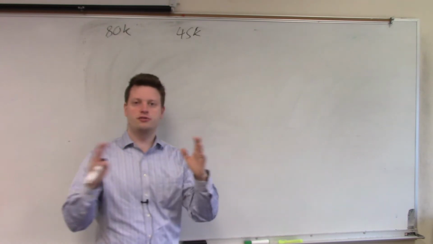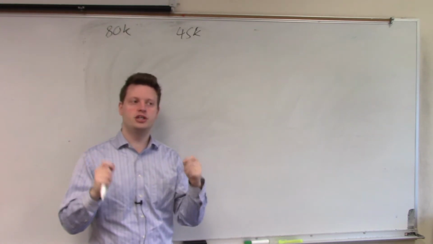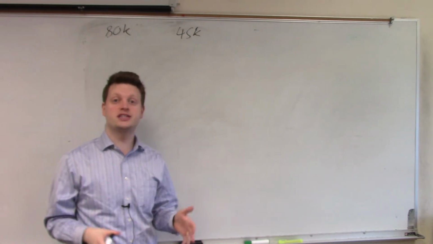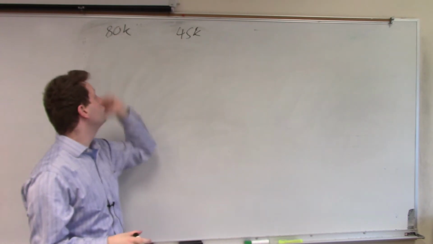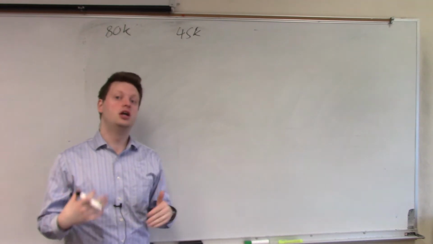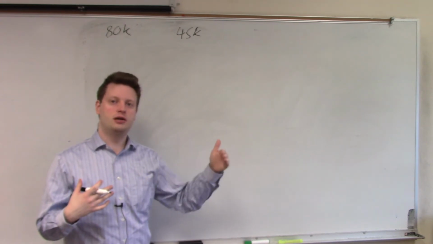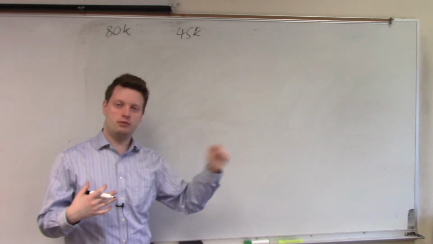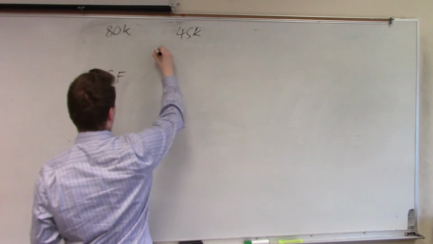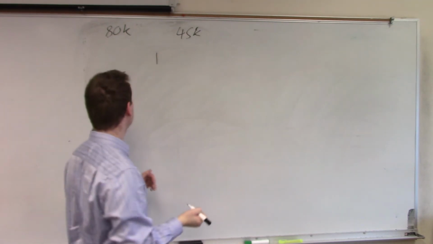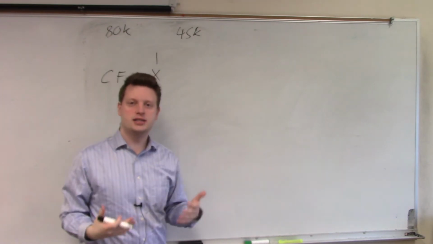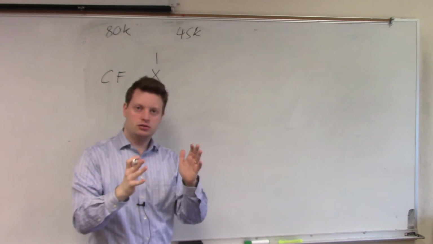So let's start with first the loan, because we need to calculate what is the present value of this loan. To determine what the present value of this loan of $80,000 is, we need to look at the cash flow. So first I take out the loan, and then each year I need to pay interest on that, and after 2 years I need to pay back that loan. So let's look at the cash flow. The cash flow in period 1, after 1 year, will be equal to X, where X is the interest rate that I need to pay.